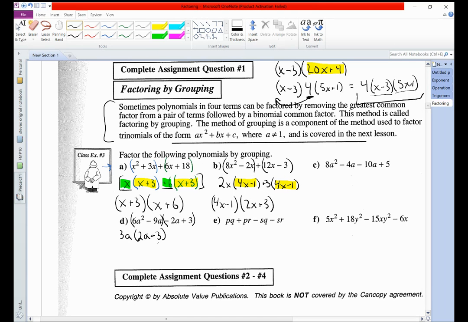So what you can do is factor out negative 1 from it, and you're left with positive 2a minus 3. Now you see that you have the same binomial in both terms, so we can factor that out, 2a minus 3, and what you're left with is 3a minus 1.